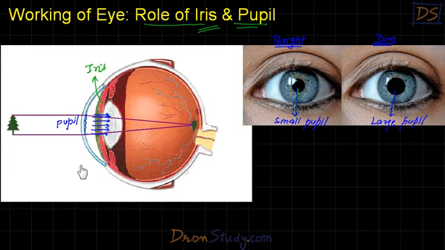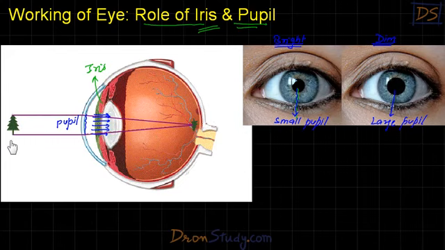Right, students? So see what happens, that if we are sitting in bright light, there is a problem. Why is there a problem? That if there is a lot of light outside, a lot of light through this pupil can come inside the eye, right?